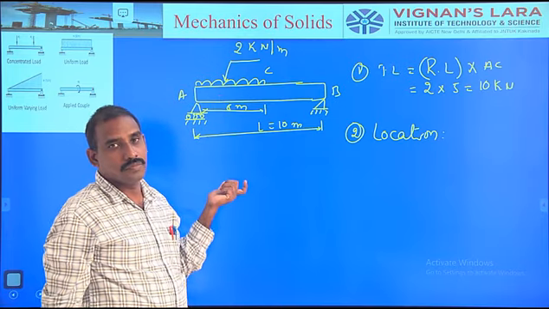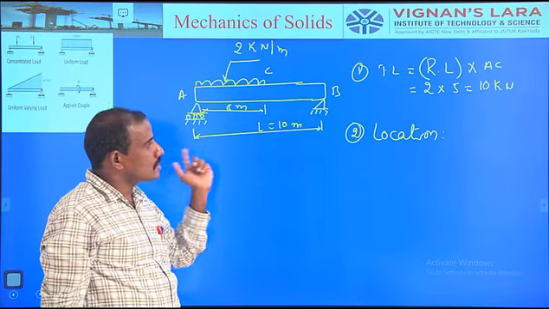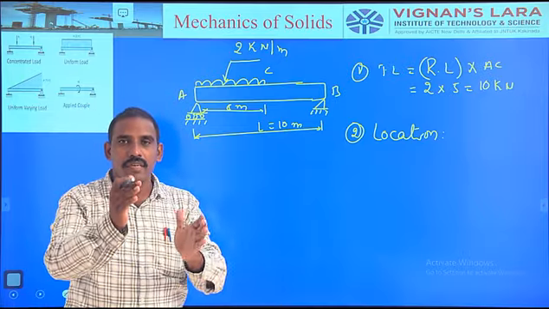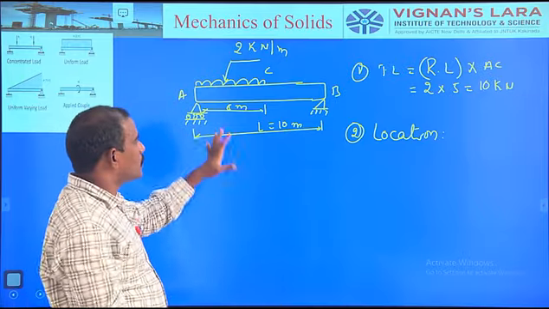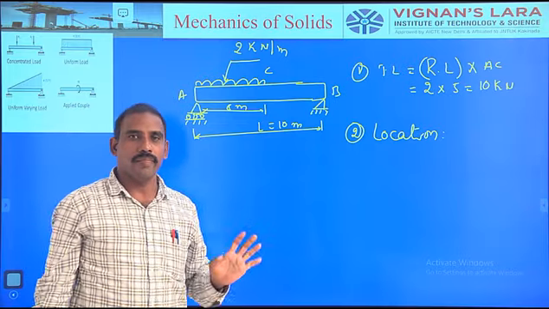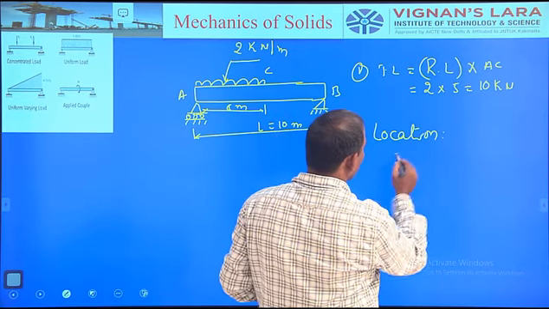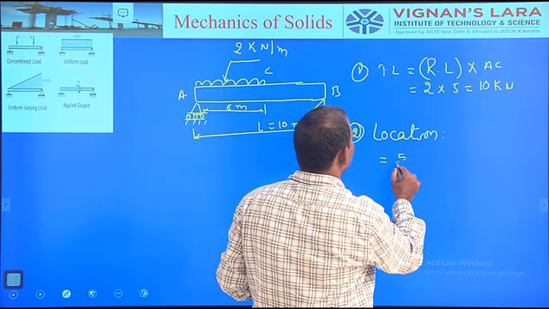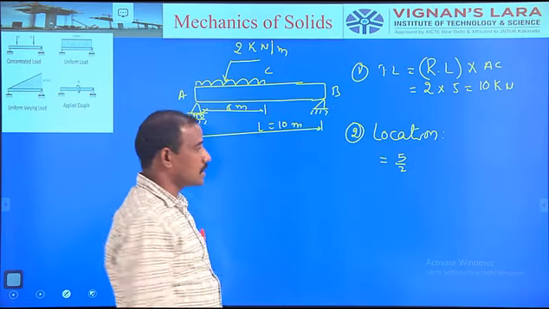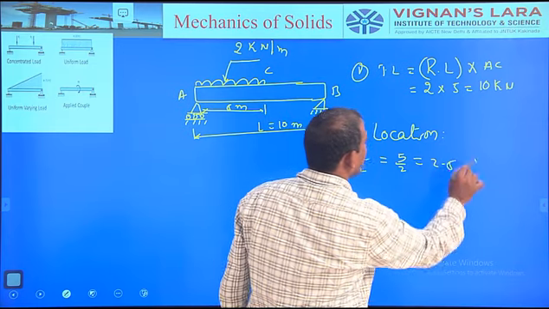That is 10 by 2 in the previous case, because the load is distributed over a distance of 10 meters. Here, the load is distributed over 5 meters only. We just have to take the midpoint of the 5 meters, not the midpoint of the 10 meters. So that location becomes 5 by 2, that is the midpoint of AC, which is AC by 2, equal to 2.5.